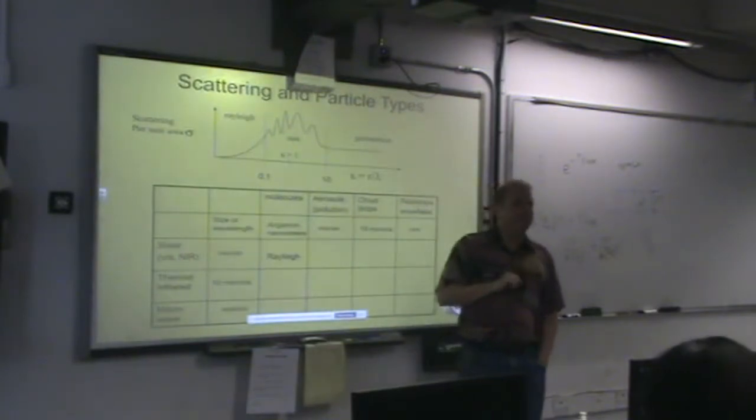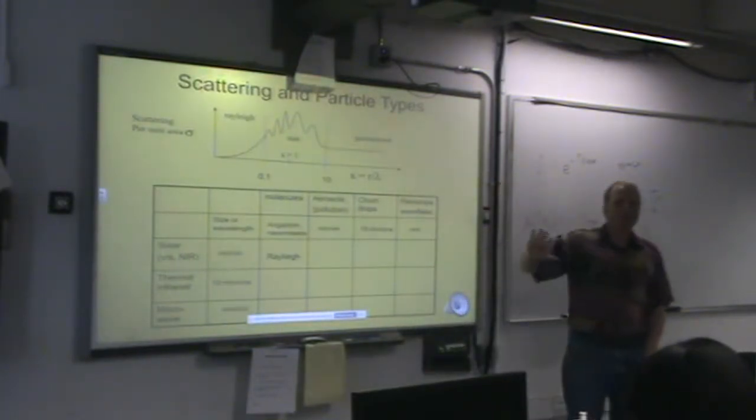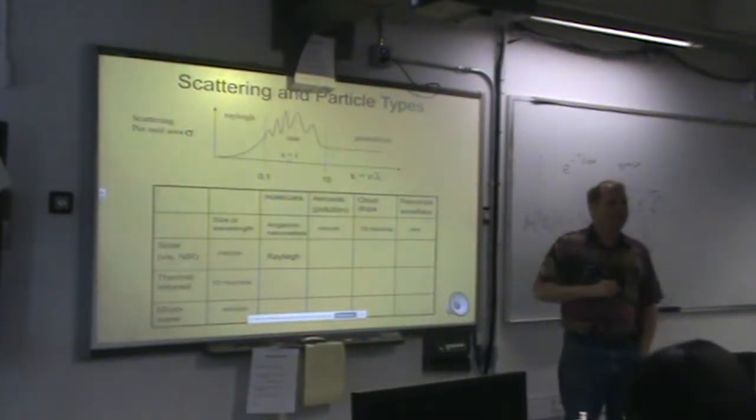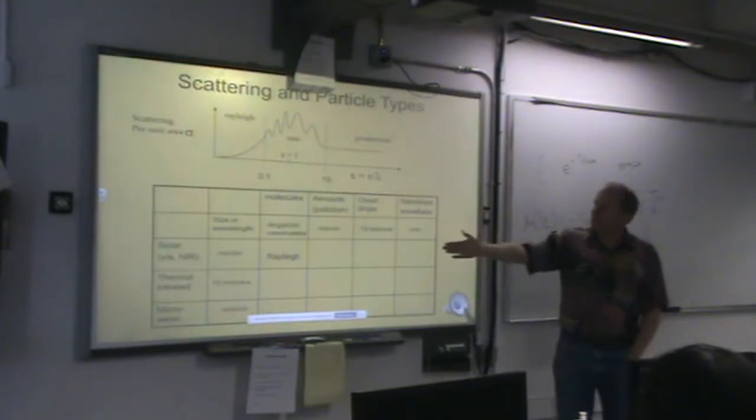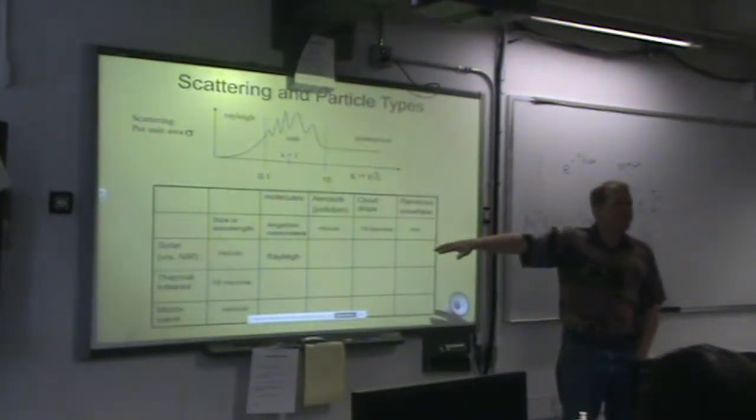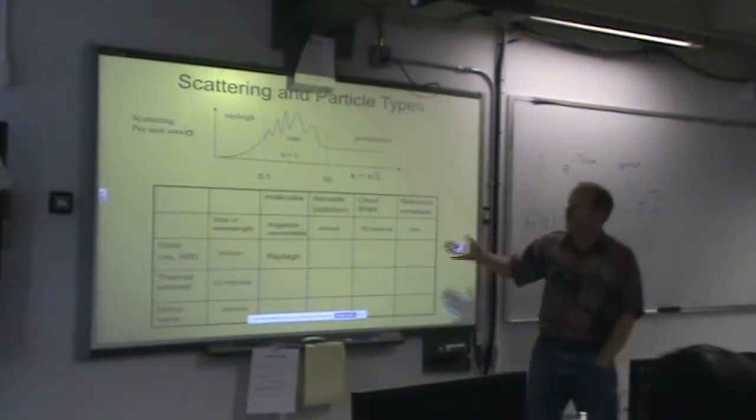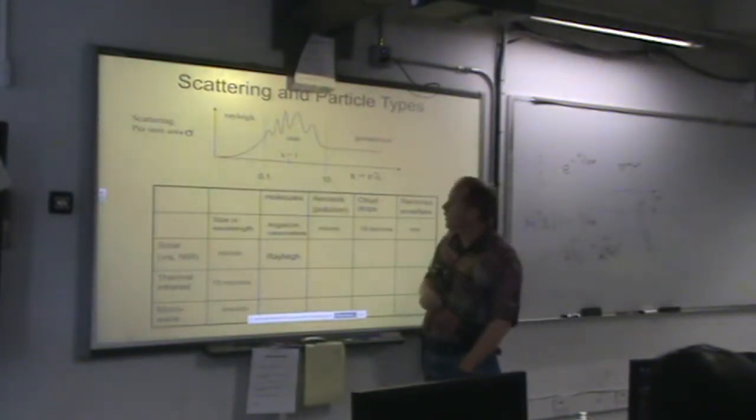So we're in a Rayleigh scattering regime. We're going to spend a lot of time today talking about Rayleigh scattering because A, there's a nice simple formula we can work with, and B, most of the light that scatters in the atmosphere is actually scattered by Rayleigh scattering, because this is atmospheric molecules.